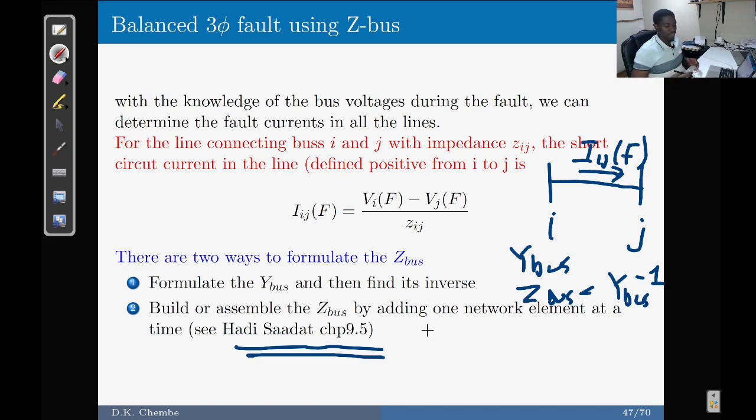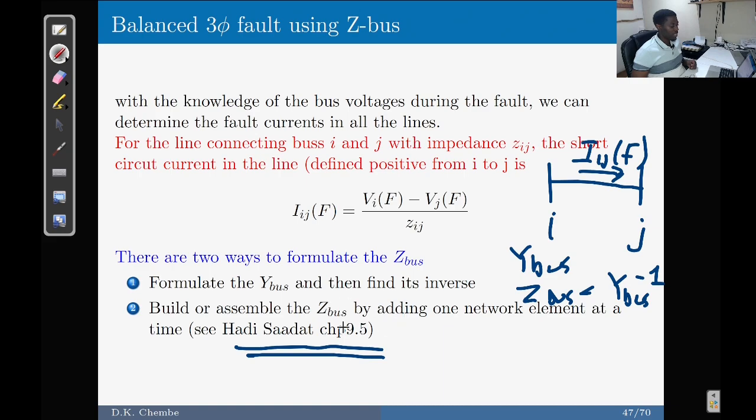But for larger systems, it becomes very difficult to do the inverse by hand or manually. But you could still do the inverse using software such as MATLAB, where you could use code to do the inversing for you, and it's easier to run the code that way.